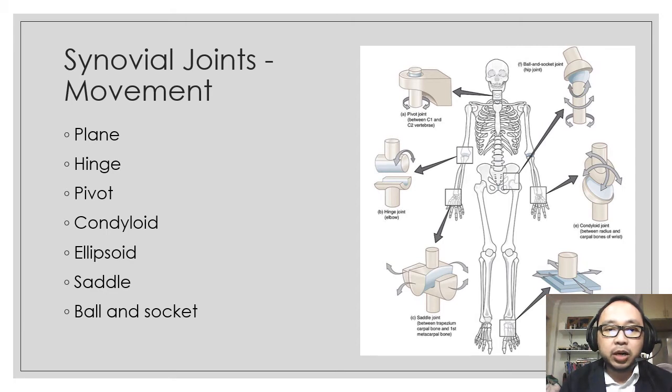Examples are your metacarpophalangeal joints, or the knuckle joints. Ellipsoid joints have a convex articular surface that fits into a concave articular surface, but the difference from condyloid joints is that rotation is not possible. An example is your wrist joint. Saddle joints.